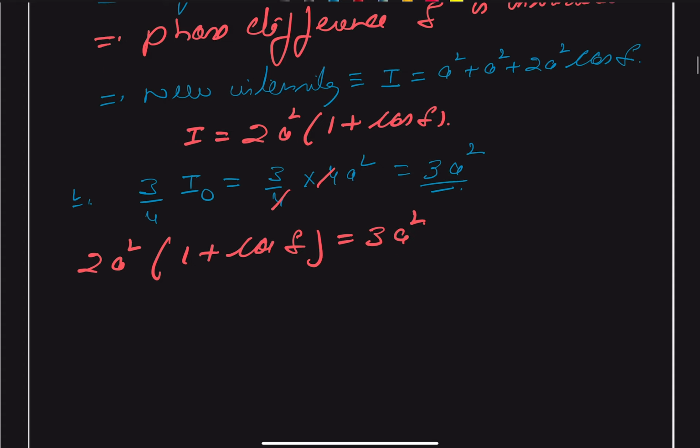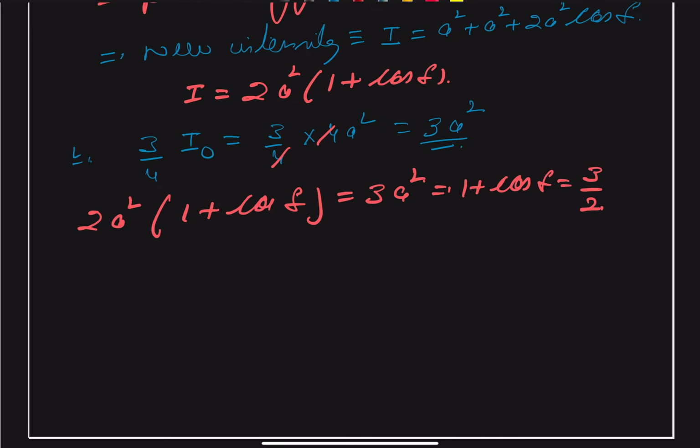So if we equate them, 2A square times 1 plus cos of delta equals 3A square, and we get 1 plus cos of delta equal to 3/2. So cos of delta will be equal to 1 by 2.